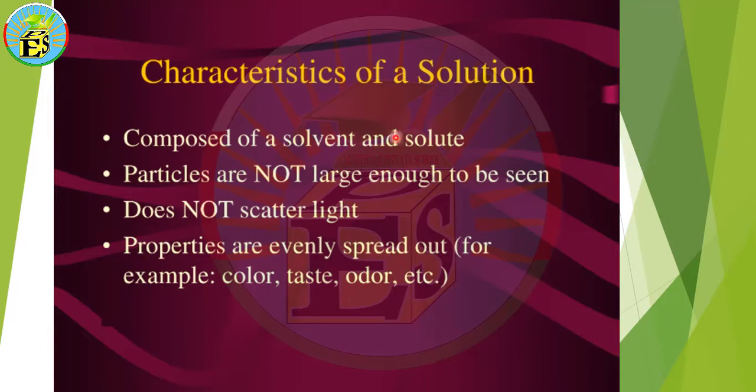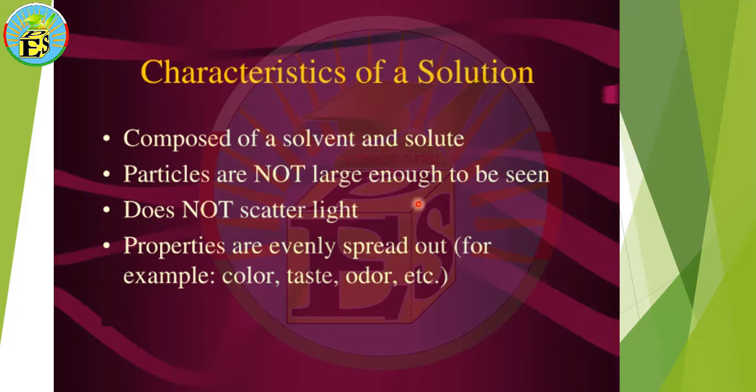Characteristics of a solution: composed of a solvent and solute, the particles are not large enough to be seen, it doesn't scatter light, and properties are evenly spread out, for example color, taste, odor and so on. This is the two main parts of a solution.